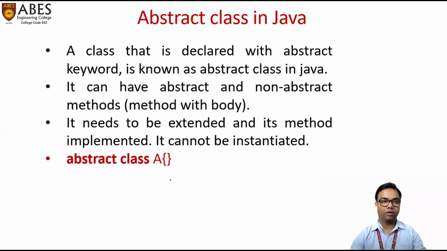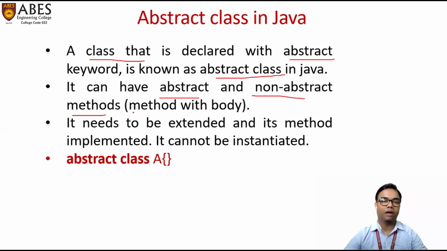Here we have the first concept, that is abstract class. A class that is declared with the abstract keyword is known as an abstract class. When you want to declare any class as abstract, you declare it with the keyword abstract. It can have abstract as well as non-abstract methods.